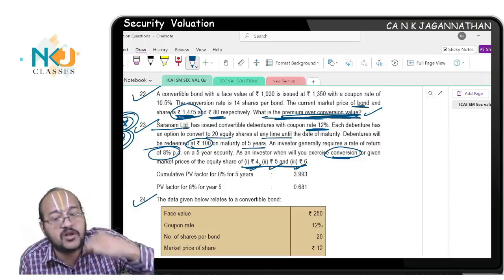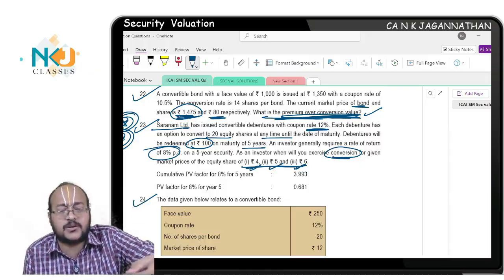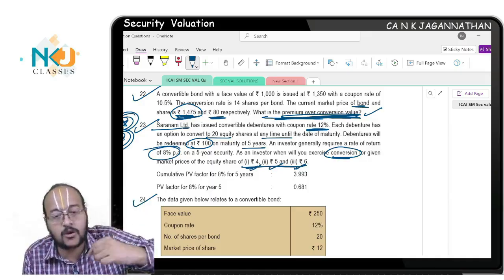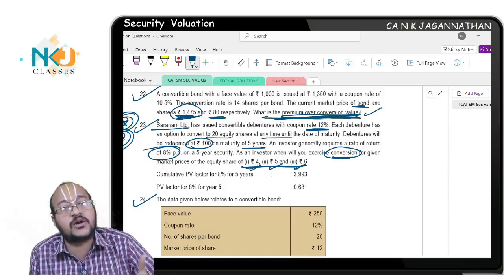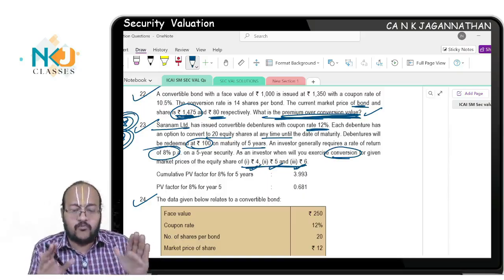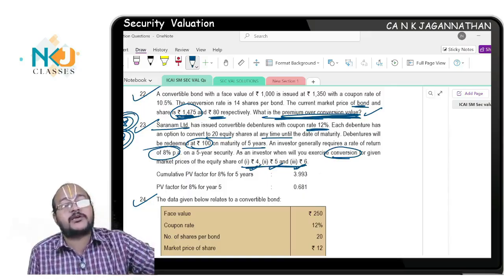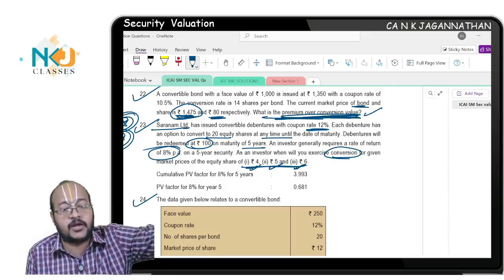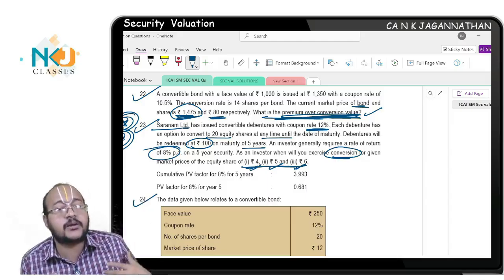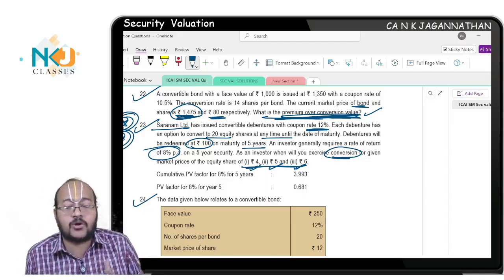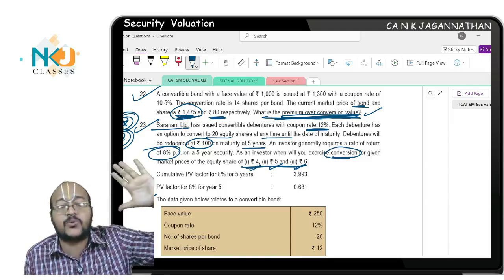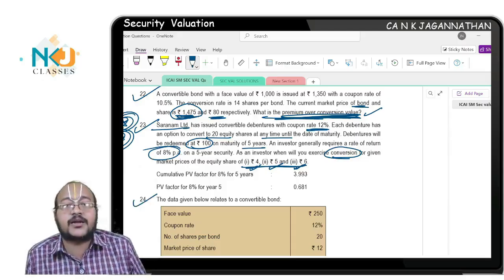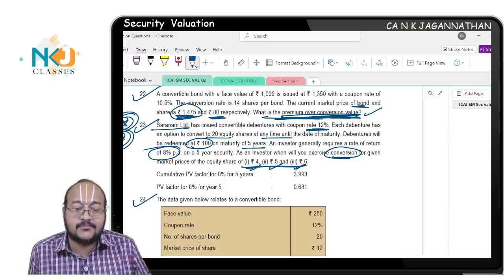Tell me, children, when will you exercise the option? This is nothing but a bond having an option to convert, which means when will I convert? Whenever the situation is favorable. Very simple. Whenever the equity shares are performing well, the company is performing well, I will like to become a shareholder rather than a bondholder. Because it is a fixed income security; if the company is growing at a 20% rate, doing exceedingly well, you will never get a share in profits as a bondholder.